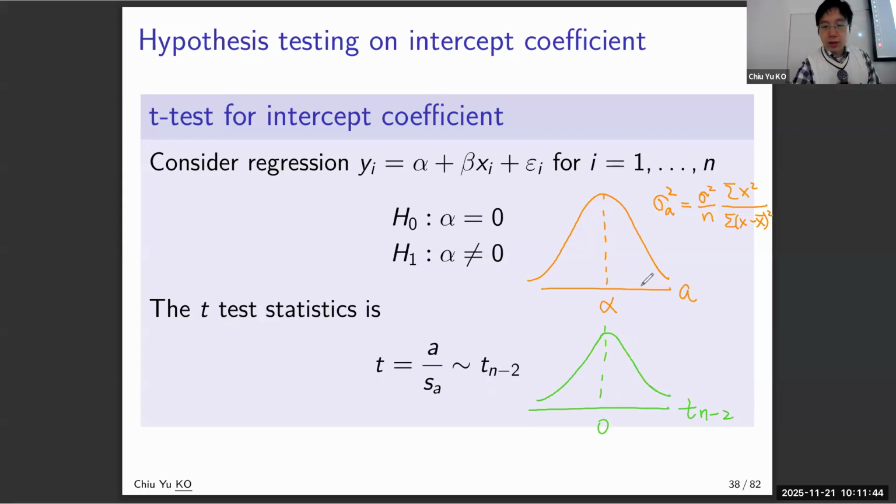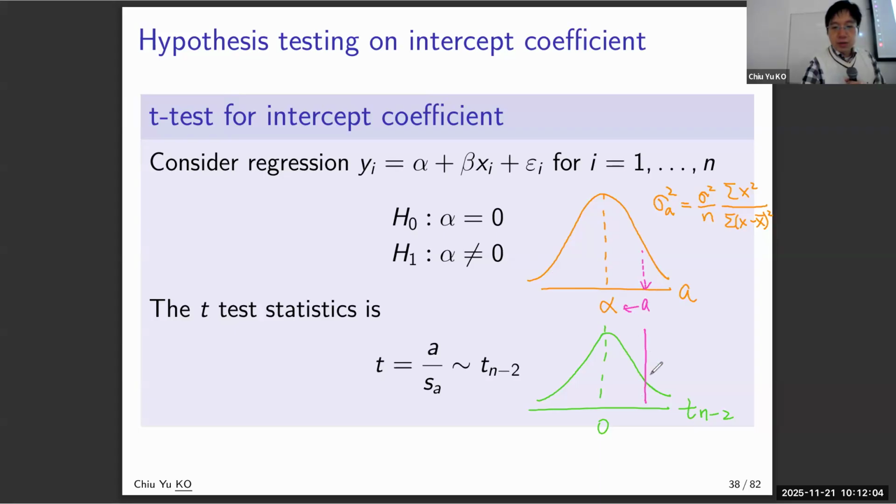How can you convert to T here? Basically for any value, you subtract from alpha. In this case, you assume 0, so subtract from 0. So this is A, the value of A here.